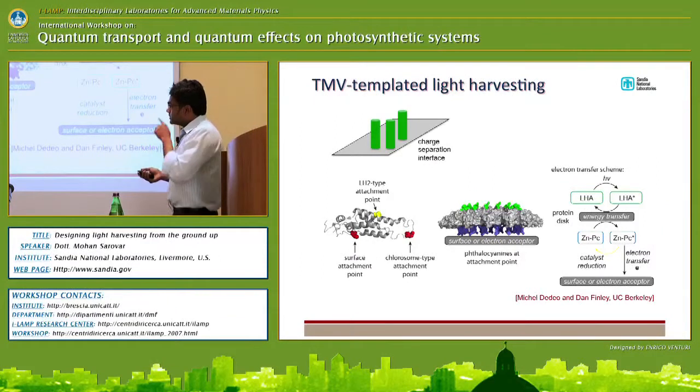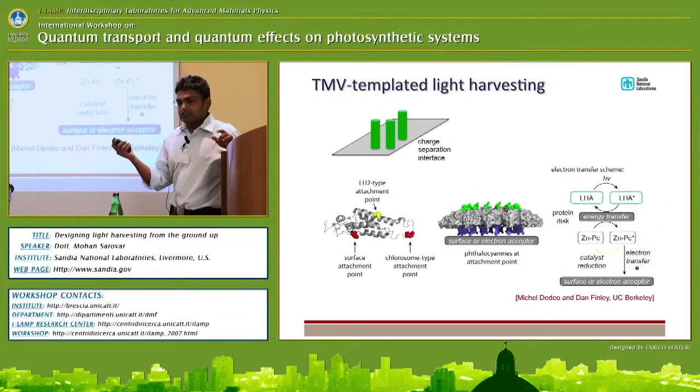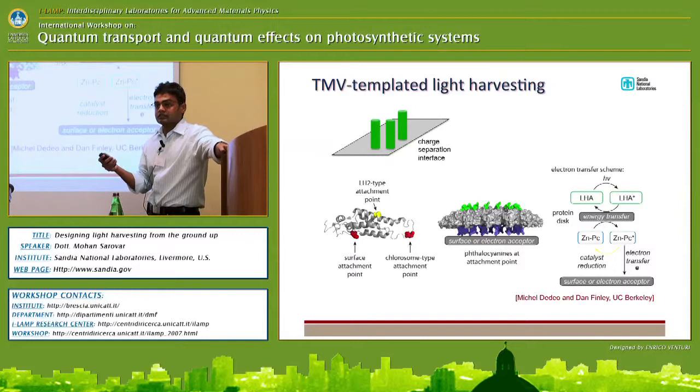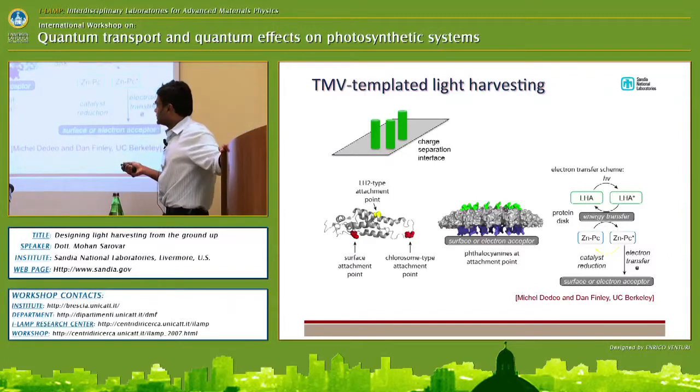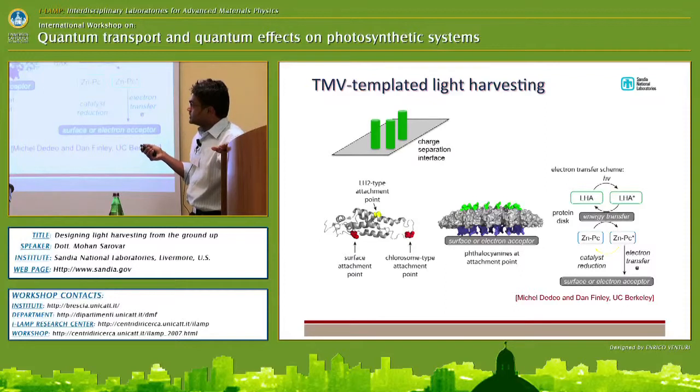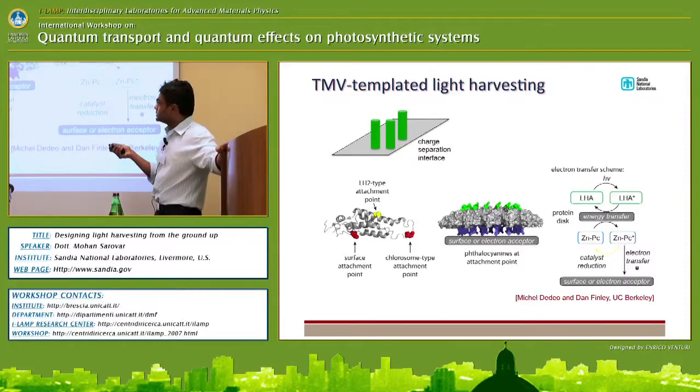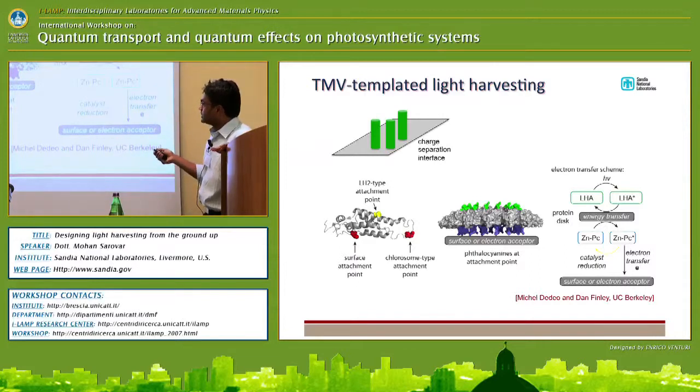The other point to note is that I mentioned that we want to use this as a potential light harvesting device. So is there a route to really constructing a device out of this? This hasn't been done in experiment yet, but there is a route to doing this. The thing to do is put these protein templated assemblies onto a charge separation interface, and you can work out the chemistry of an electron transfer scheme.